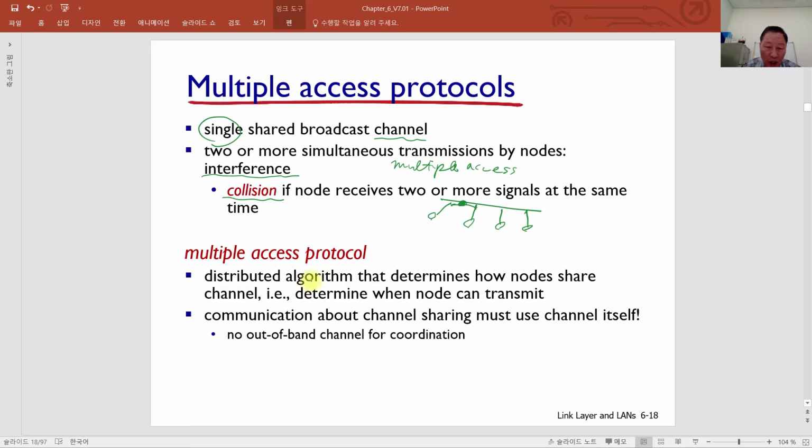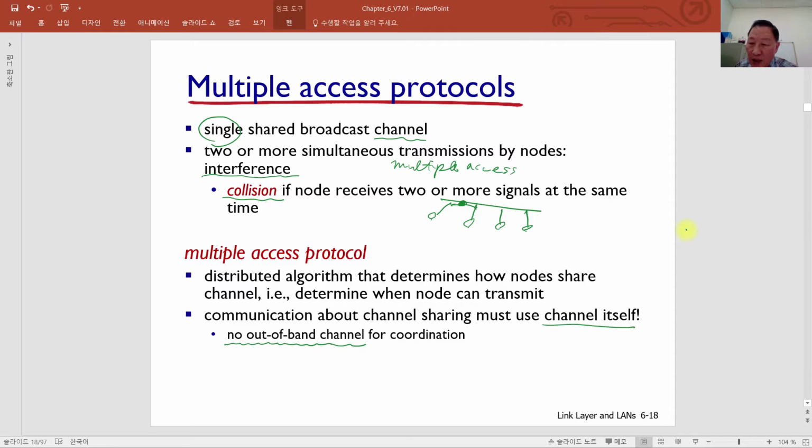This is a distributed algorithm that determines how nodes share the channel, that is, determines when a node can transmit. And communication about channel sharing must use the channel itself. That means no other channel to coordinate or manage that control. That is called no out-of-band channel for coordination.